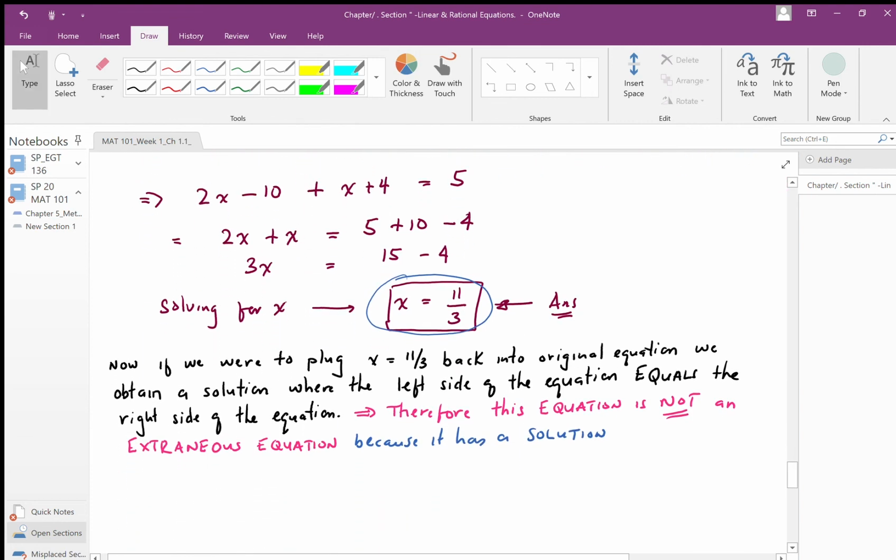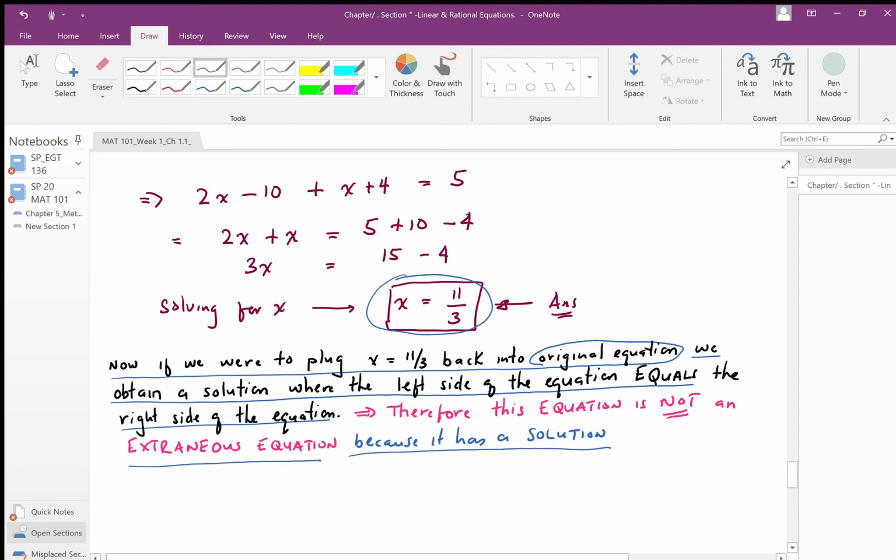Now, if we plug 11 over 3 back into the original equation, we'll obtain a solution where the left-hand side of the equation equals the right-hand side. So therefore, this is not an extraneous solution, but is actually a solution.